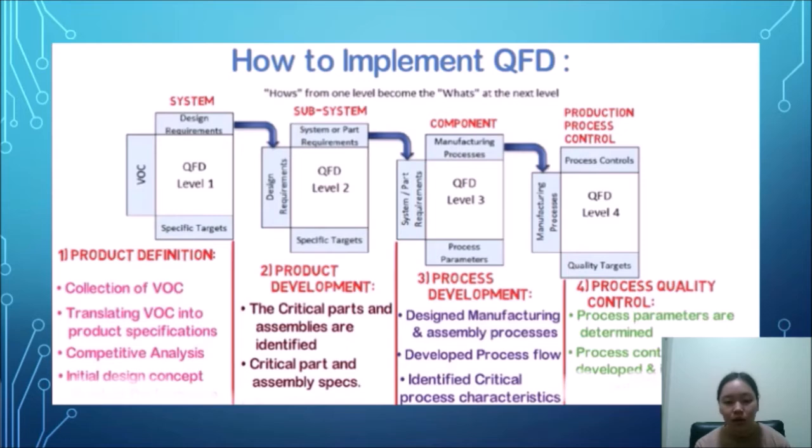Then the third level brings about design, manufacturing, and assembly processes. Then this leads to the development of process flow and identification of critical process characteristics. Then in the last step, process parameters are determined.